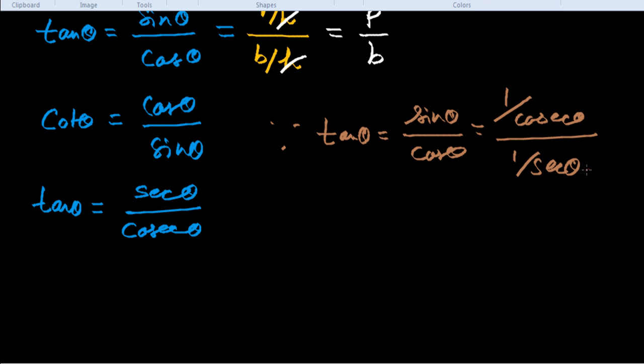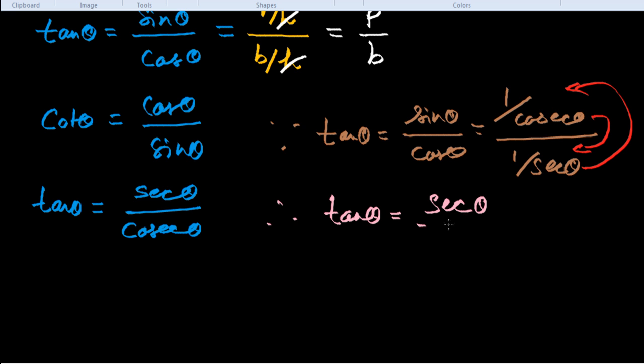So what we will do here, the denominator of the denominator, sec theta, will go to the numerator, and this cosec theta comes to the denominator. So you see here we get tan theta is equal to sec theta over cosec theta.